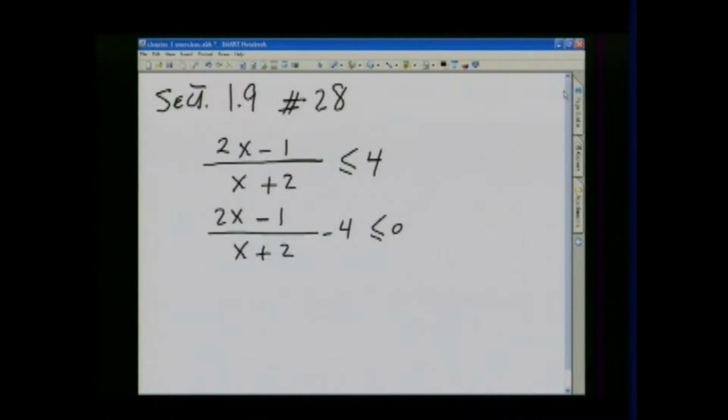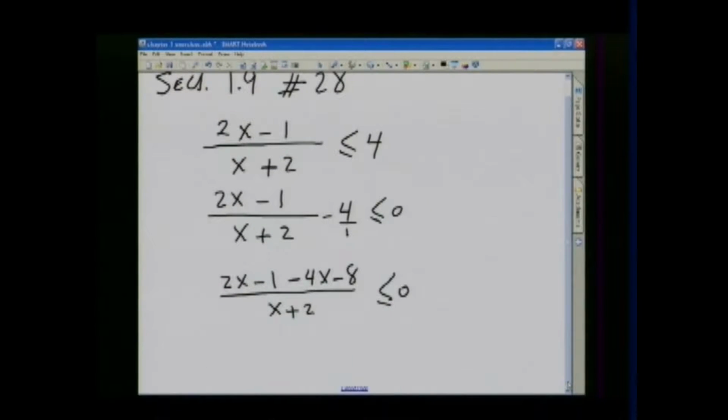Taking the common denominator x plus 2, the numerator would be 2x minus 1 minus 4x minus 8, less than or equal to 0.